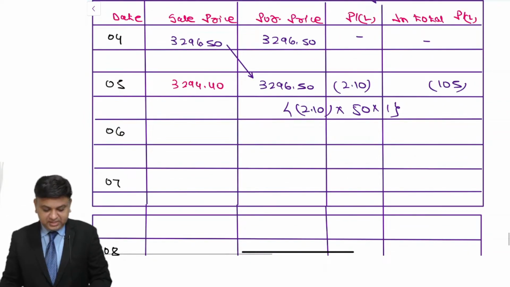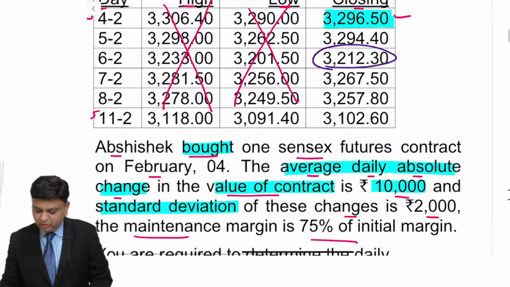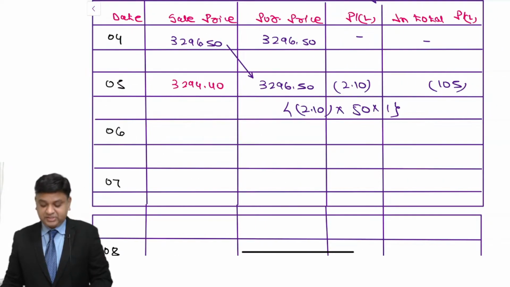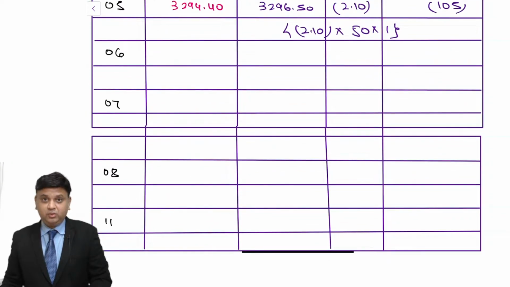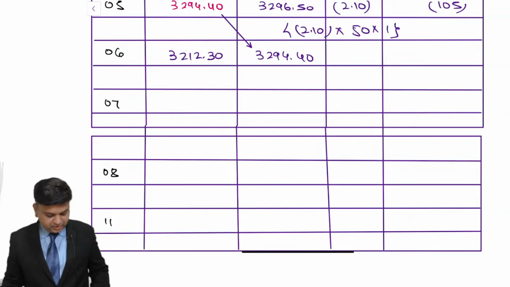Next day the closing price is 3212.30. So assuming that is the price at which he enters into the square off transaction, that is 3212.30. The purchase price is going to be 3294.40. So 3212.30 minus 3294.40.